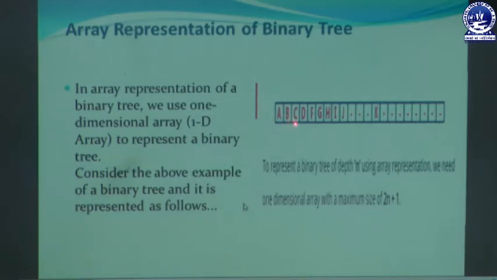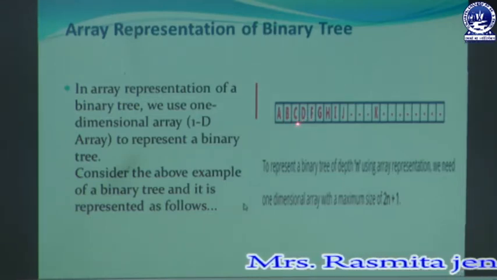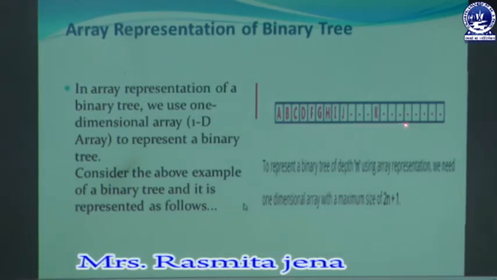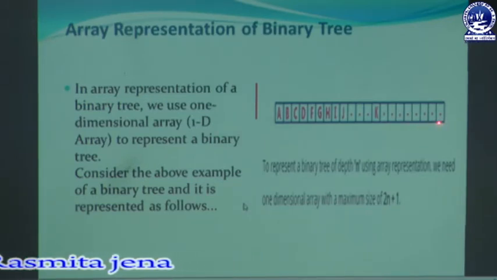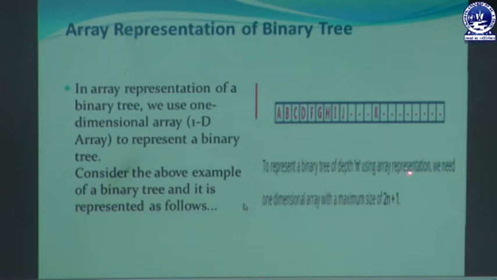Then the right subtree for the root node A is C, which is located at index 2 of the 1D array, and then D is the left subtree node for the node B. Then D is represented, then F, and like this we will proceed to store all the binary tree nodes in the 1D array. This is how we can represent the binary tree in a 1D array.